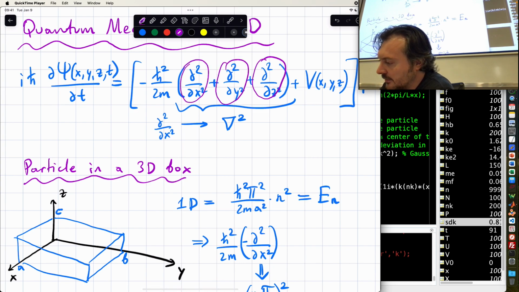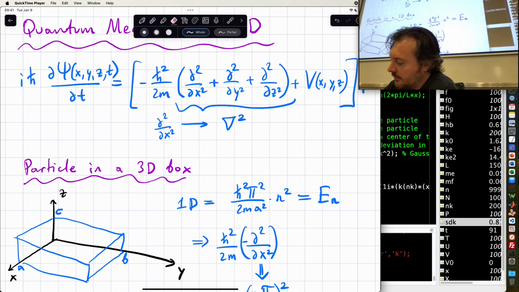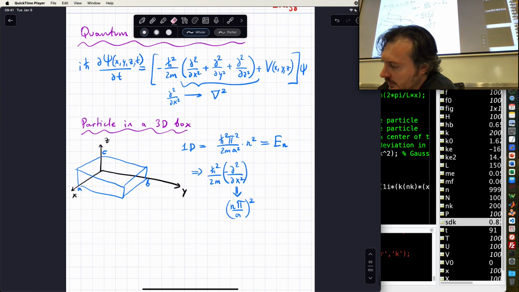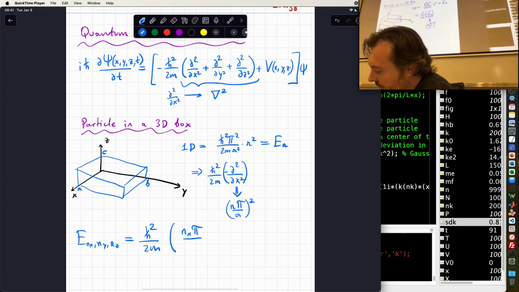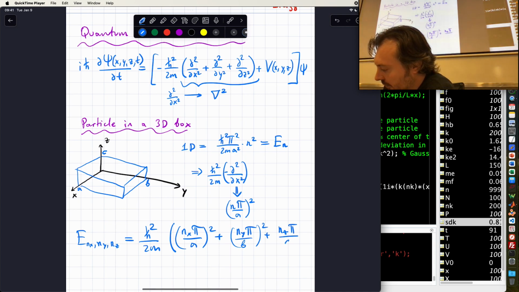Now you have all three of them, right? 1, 2, 3. So the energy is going to be dependent on three values: E of nx, ny, nz is h bar squared over 2m times nx pi over a squared plus ny pi over b squared plus nz pi over c squared.